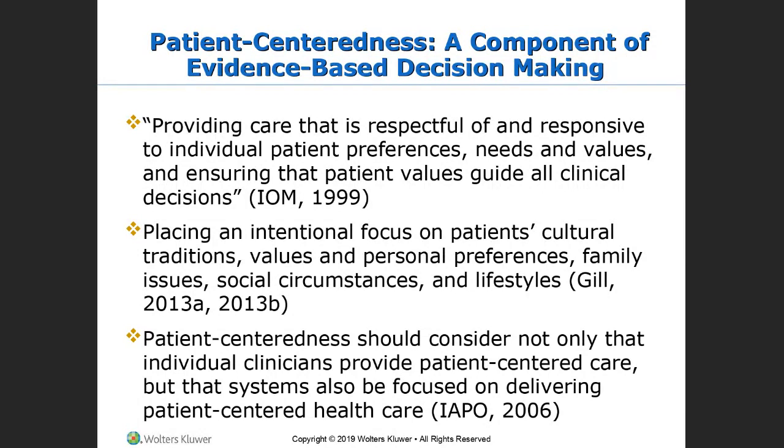Patients can have different needs and values, and those needs and values need to guide clinical decisions. They can also have different cultural traditions, values, or personal preferences or lifestyles that need to be considered as well. So if you just remember to treat the patient as the center of all your decision making, along with the knowledge that you have and the external evidence, your goal is to create a good plan that works for them to help their health condition.